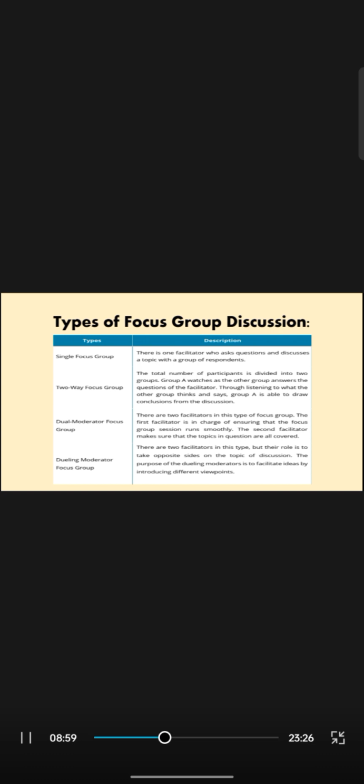So, in dual moderator focus group, there are two facilitators in this type of focus group. The first facilitator is in charge of ensuring that the focus group session runs smoothly. The second facilitator makes sure that the topics in question are all covered. So here in dual moderator, na two facilitator.